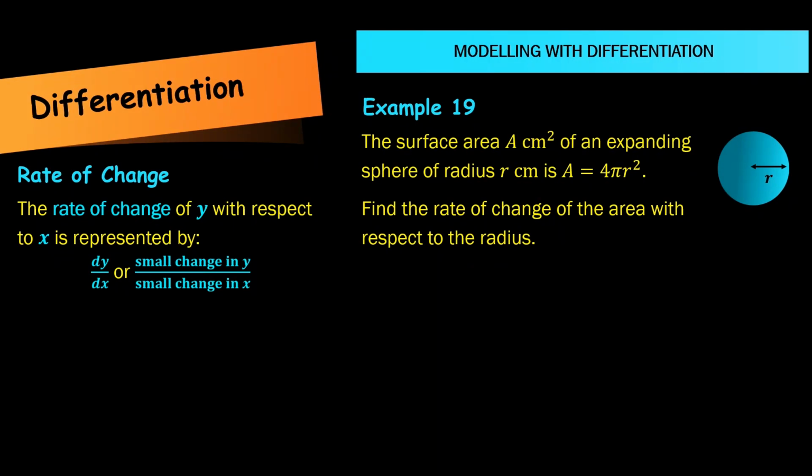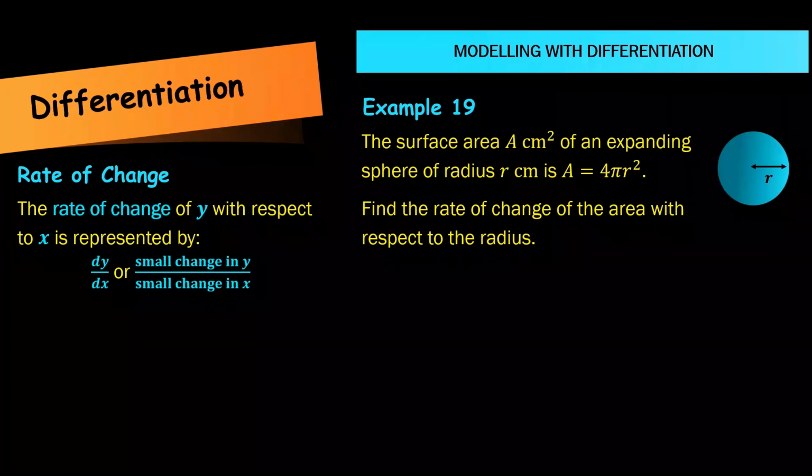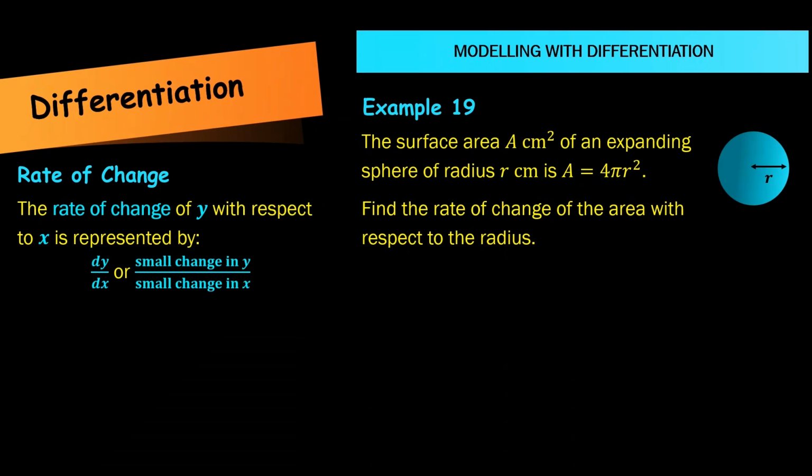Let's try solving this. Now the surface area A equals 4 pi r squared, as given in the question.